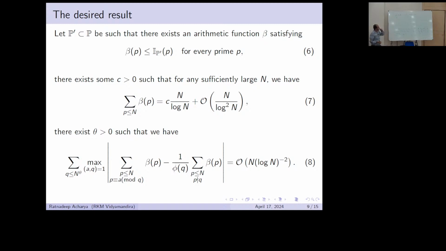So from 8 you can say that there exists some positive theta such that the level of distribution for beta is at least theta. So these three conditions are required.